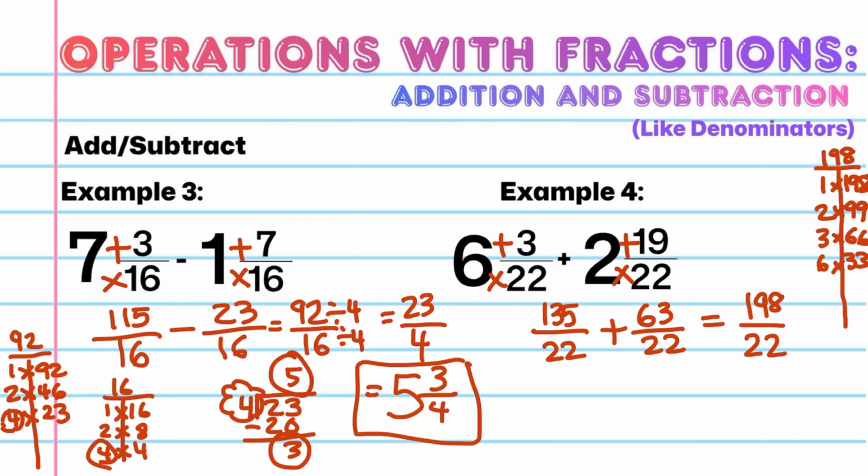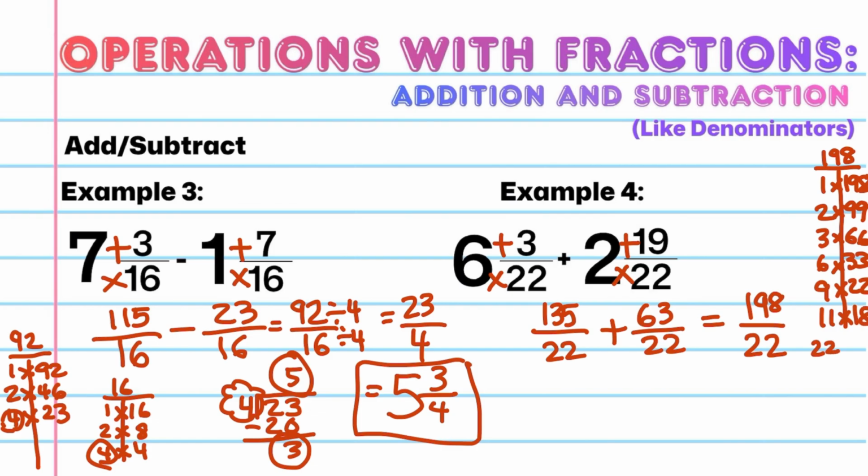Let's try 7. 7 doesn't go into 198. 8 doesn't go into 198. But 9 times 22 does. Now, I can really stop there because I know that 22 is my denominator, so I know that that's going to be my GCF. But let's just keep going just so we can make sure that we have all of the factors. Well, I also know that 11 times 18 is 198.